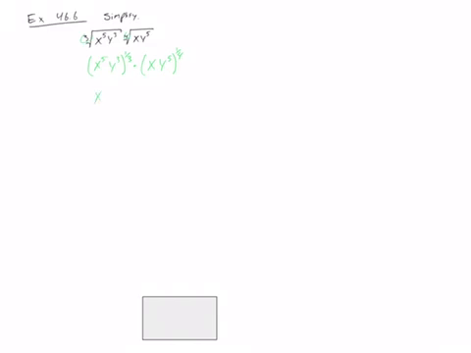So this gives me x to the 5/3, y to the 3/3, which is just 1, times x to the 1/4, y to the 5/4. Rearranging here, I end up with x to the 5/3, x to the 1/4, times y to the 4/4, because it's still 1, times y to the 5/4.